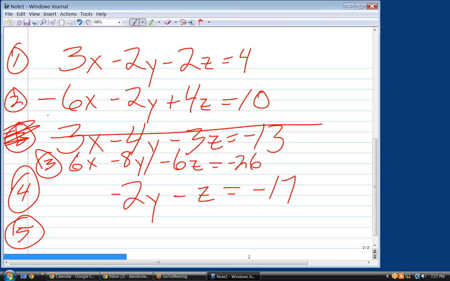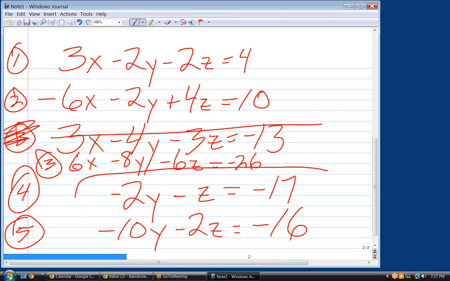Now, how do I get equation 5? By manipulating, what do I need to do to get equation 5? Add them. Okay, what do you get? You get negative 10y plus negative 2z equals negative 16.